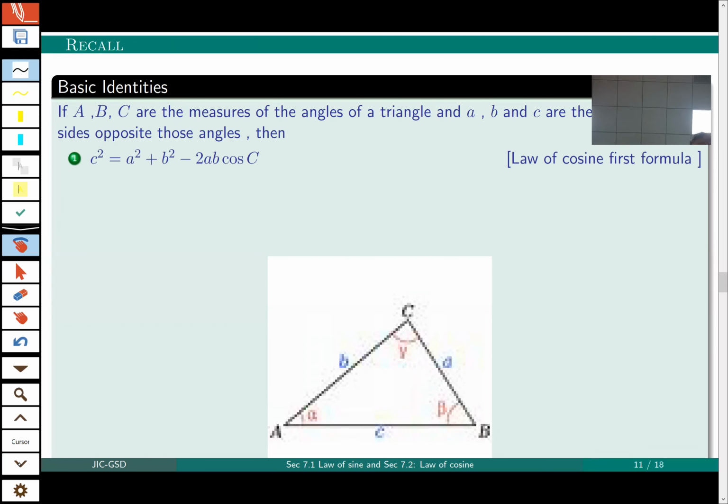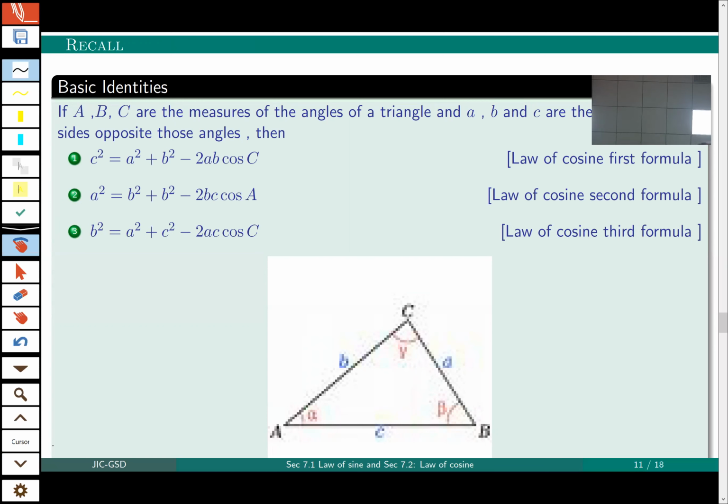What will be the rules? I need to make sure I have no mistake here. If I speak about cosine C, here it should be C squared. It will be A squared plus B squared minus 2AB cosine C. That is true.